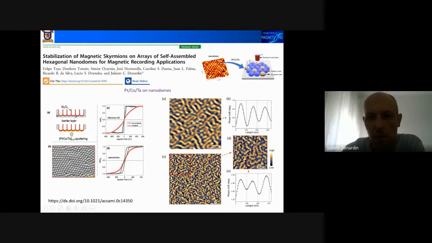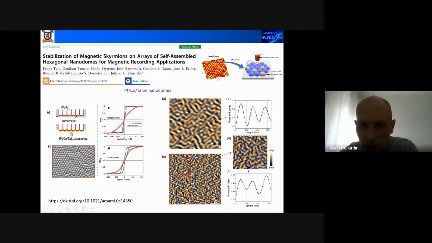We did MFM images of the samples. In the reference sample, we observe large stripe domains that are 300 nanometers in size. And in the MFM image of the nanodomes, as we can see here in C, the stripe domains are restricted to the size of the nanodomes.